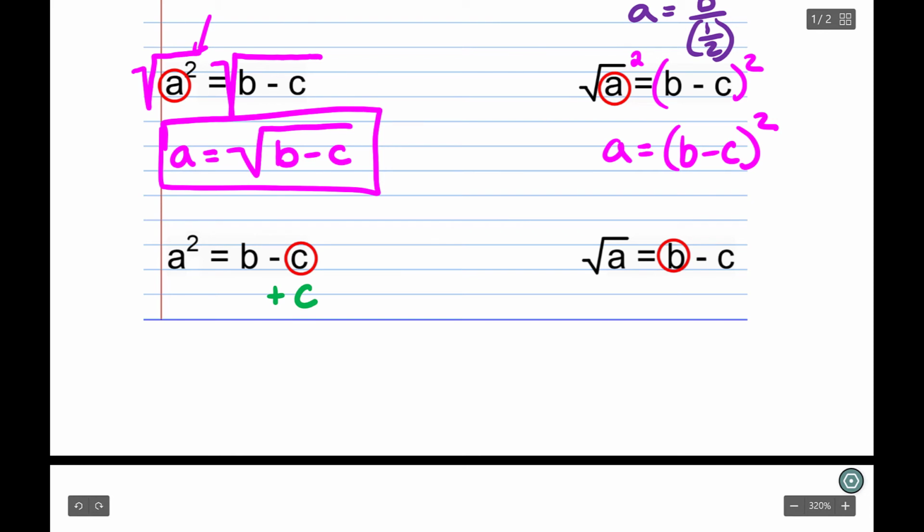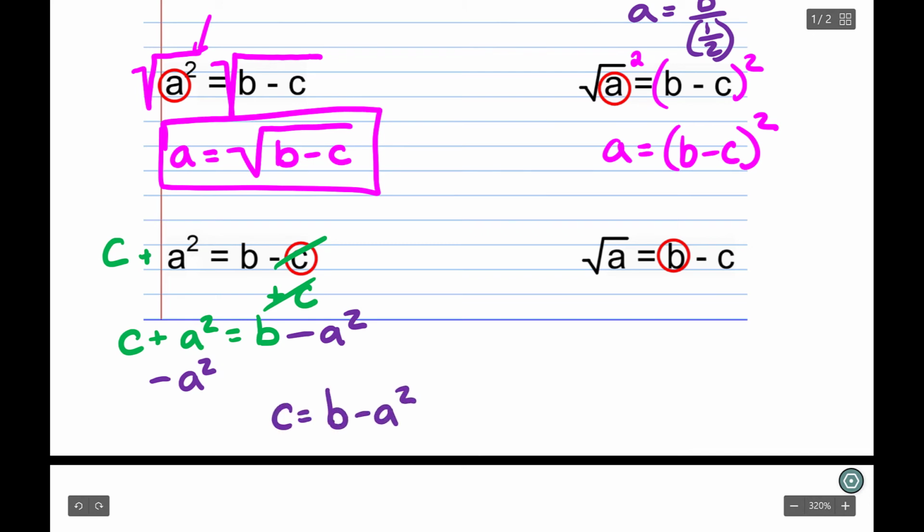I'm going to add c to both sides. That'll get rid of the c. And I'd have c plus a squared is equal to b. But now I have to move the a squared to the other side. So I'm going to do that just by subtraction. The opposite operation of addition is subtraction. So I'm going to subtract a squared from both sides. And I'm going to end up with c is equal to b minus a squared.